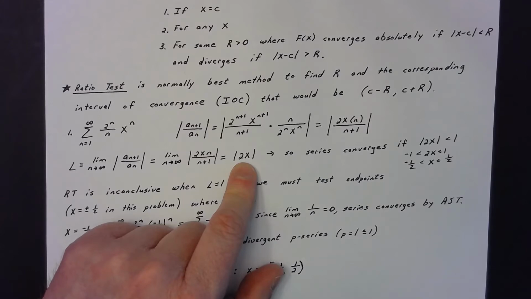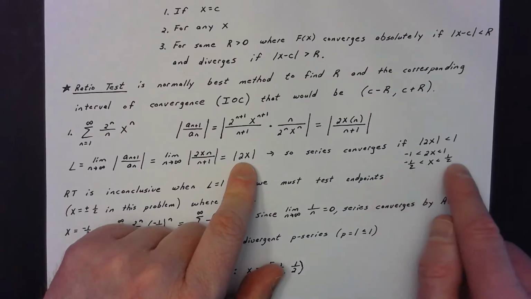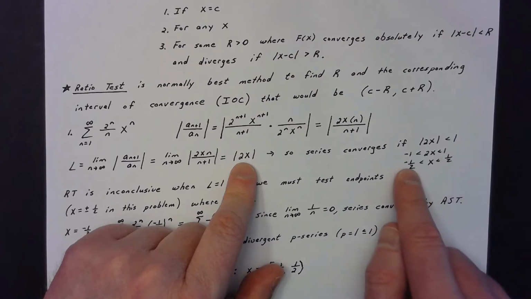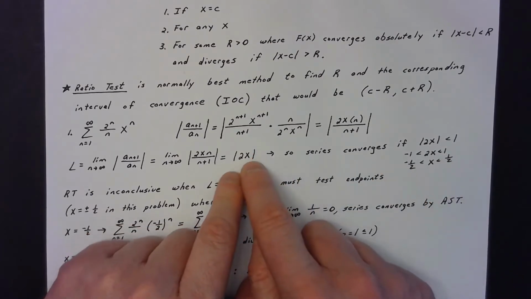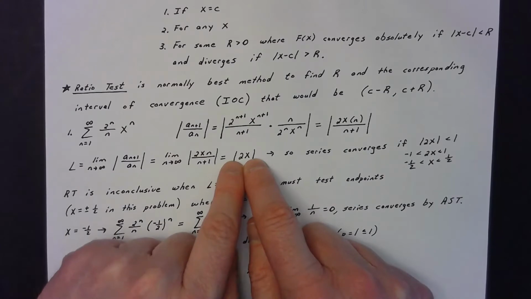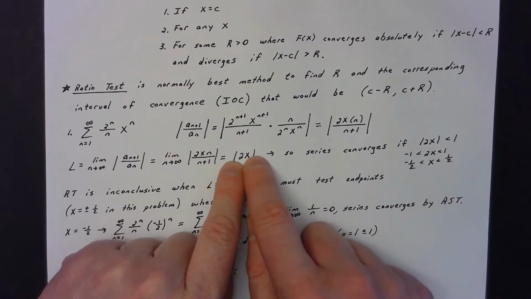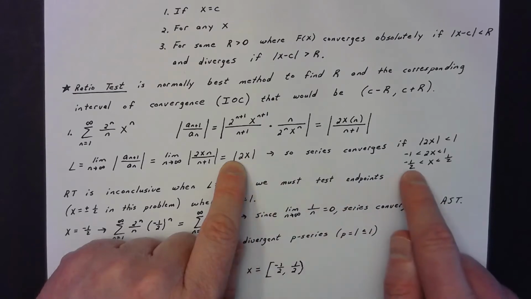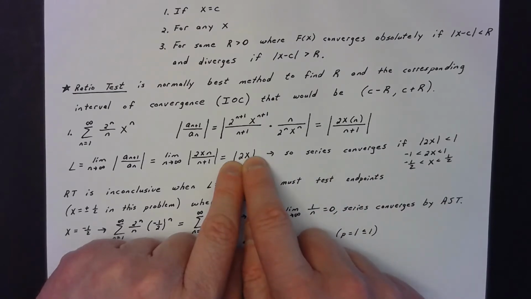But hopefully you remember when we talked about the ratio test, we said the ratio test is inconclusive if L is equal to 1. Well, at each of your endpoints, at 1/2 and negative 1/2, it would make this L value equal 1. If x was 1/2, this would be 2 times 1/2, the absolute value of 1. If x was negative 1/2, it would be the absolute value of negative 1.